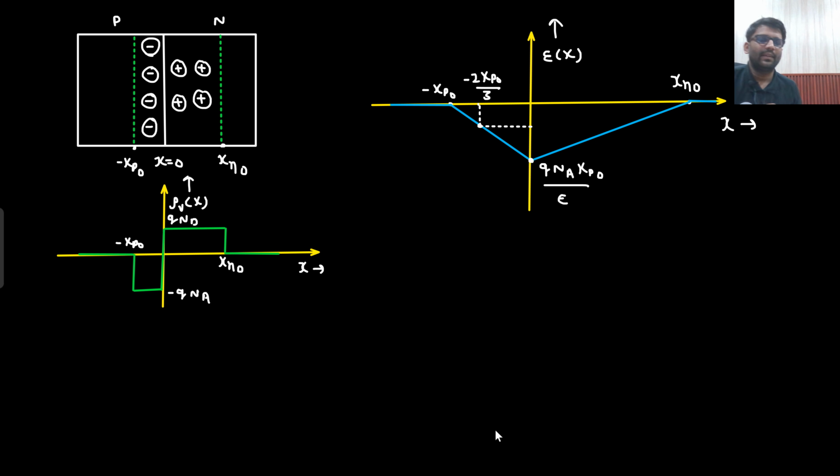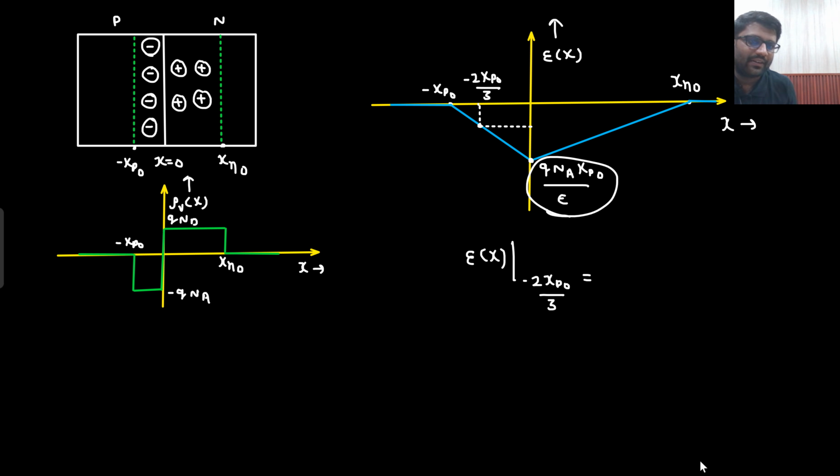Right. So can anyone find out? Mathematics it is. What I need to find out? E of x at minus 2 xp node by 3. If someone is very smart, what he would know? That if you are working for xp node distance, then this much decay I am having in electric field.